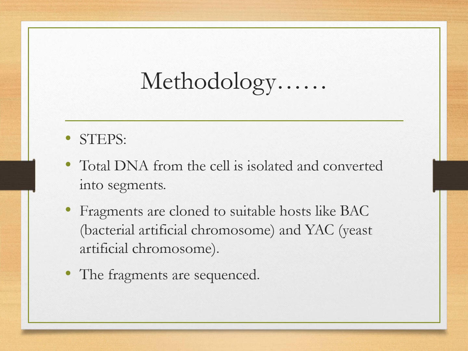This cloning is done using suitable hosts like BAC and YAC. BAC is bacterial artificial chromosome and YAC is yeast artificial chromosome. Then the fragments are sequenced. So first the DNA is isolated, second is fragmentation, third is cloning, and fourth is the sequencing of the fragments.